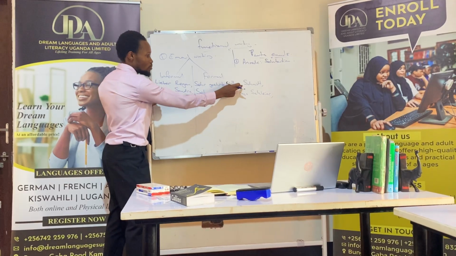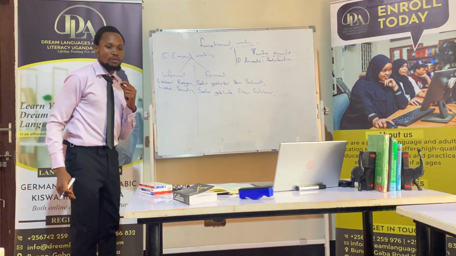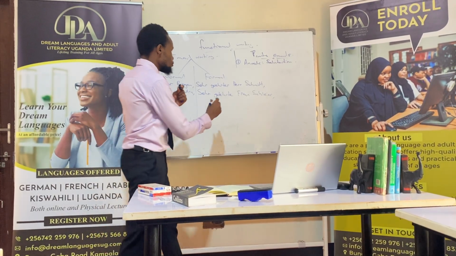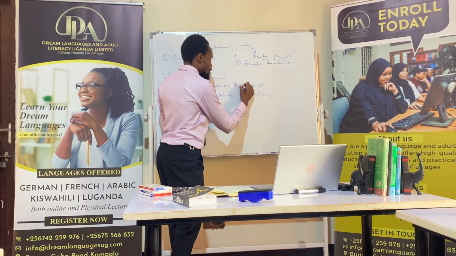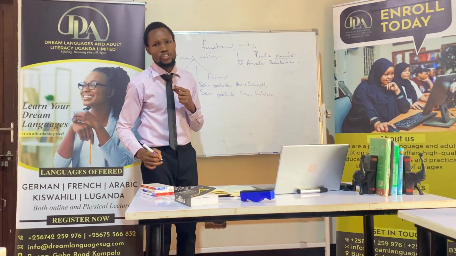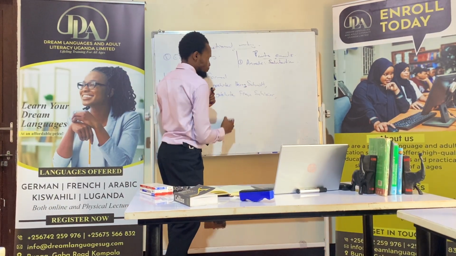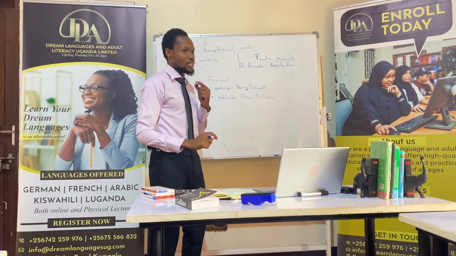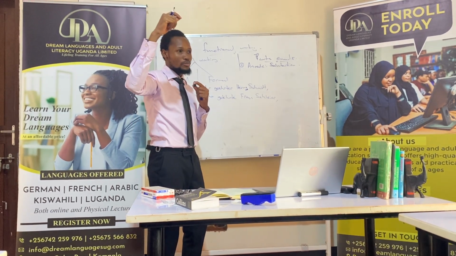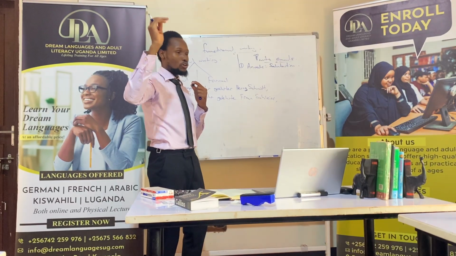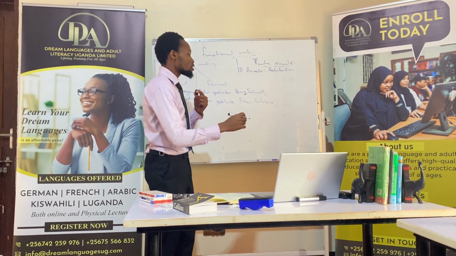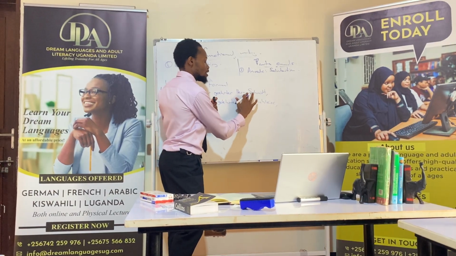So when writing to a gentleman, there is an R. Another mistake people make, which actually carries on up to B2, is that most of you put an N here and say, Sehr geehrter Herrn Schmidt. This is wrong. For A1, I don't need to explain this, but in future videos, probably in B1, we shall learn something called N declension, and I'll explain why you don't put an N here.